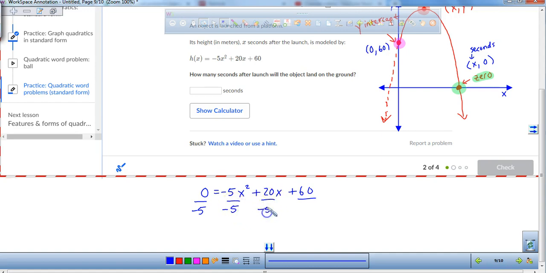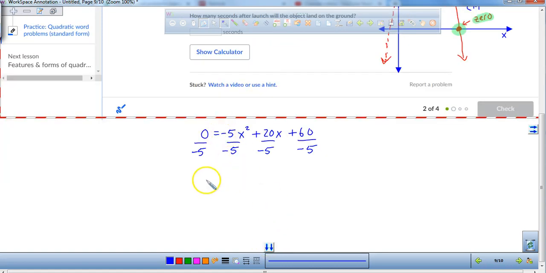I shouldn't have to use the quadratic formula in this particular case. When I divide everything by negative 5, you get 0 equals x squared, 20x divided by negative 5 is negative 4x, and then 60 divided by negative 5 is negative 12.